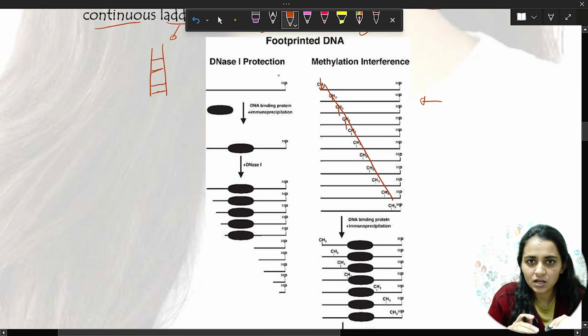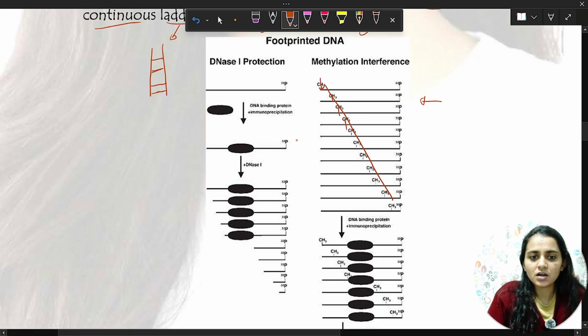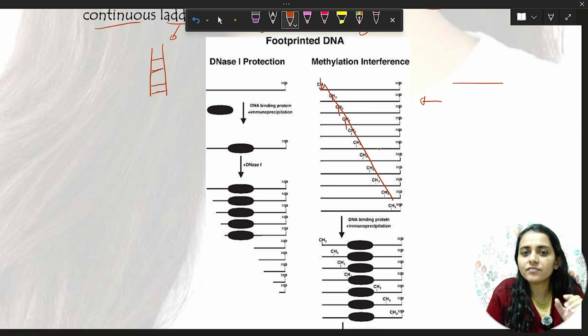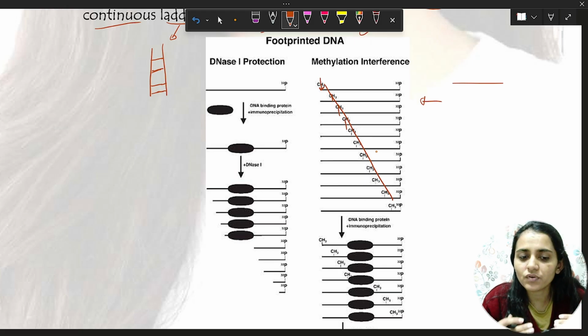Because of the size-wise separation, size-wise differentiation of the DNA fragments, a large fragment will move slowly in the electrophoretic gel. If the DNA segment has a small size, it will move faster.